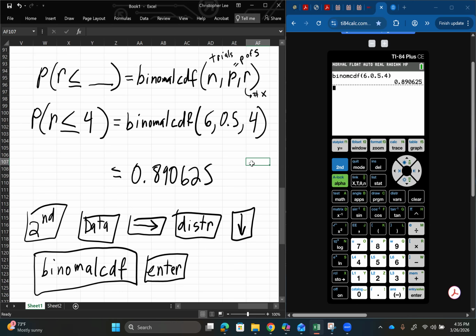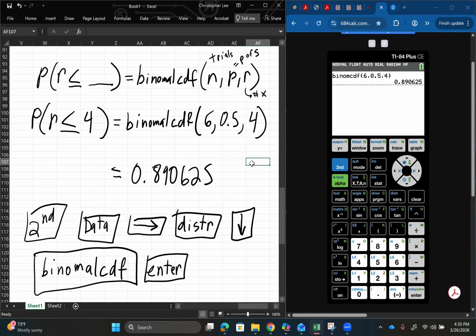I don't know how to get out of this. Second, quit. But how can I erase here? Just go down and type over it. No, go up to where you want to erase and then just type whatever you want to put there instead.